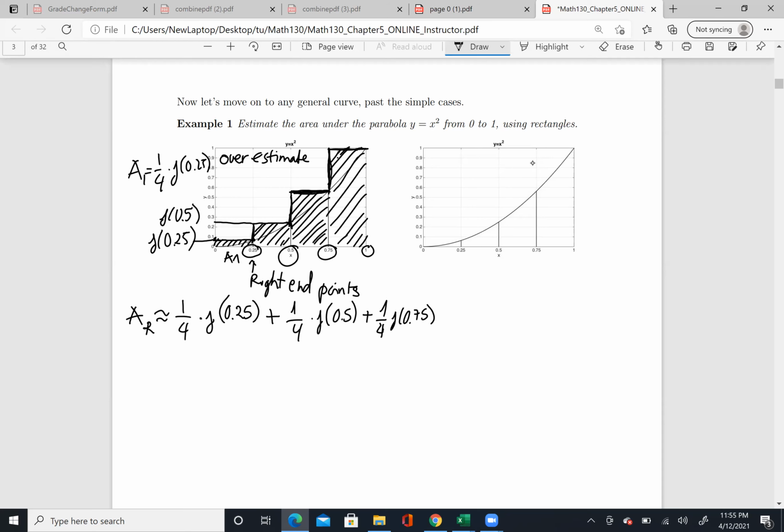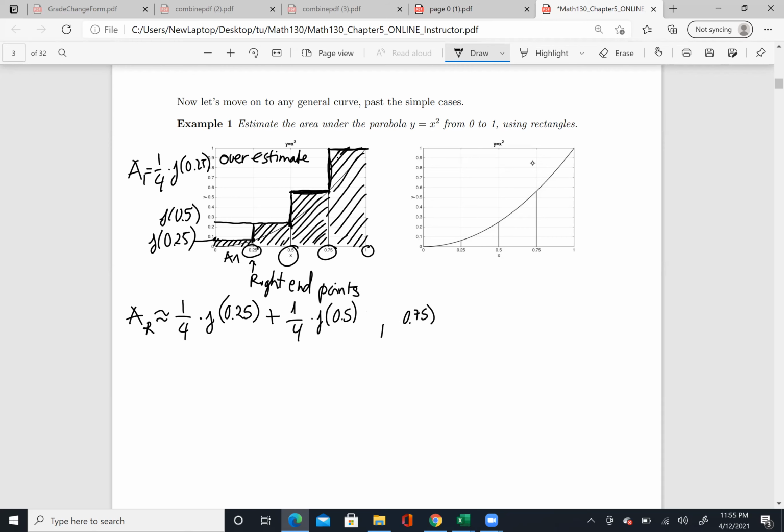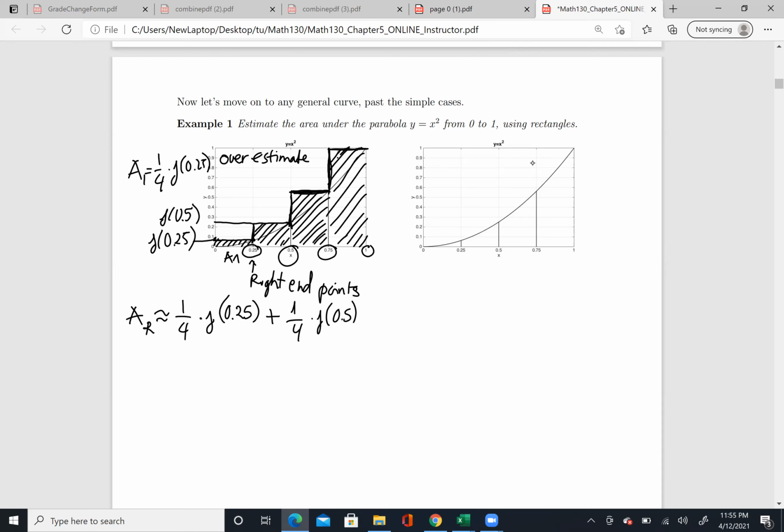I'm going to move down this one because I want to use it. So I'm going to add 1/4 times f of 0.75, and I add 1/4 times f of 1.